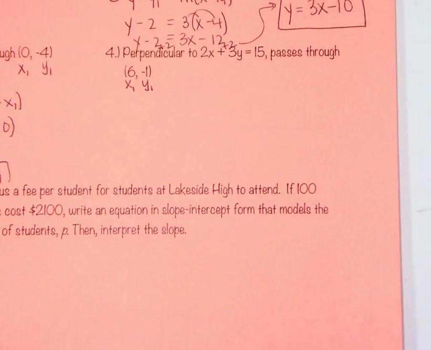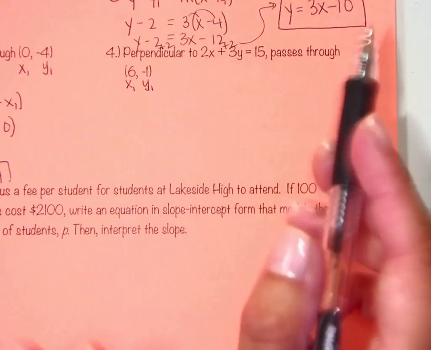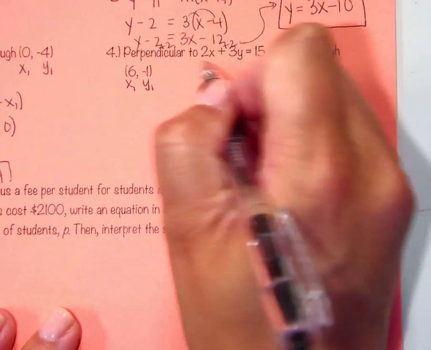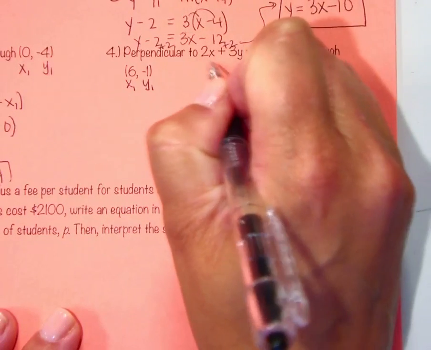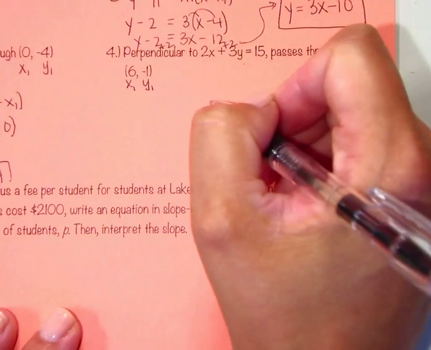But this time we want it perpendicular to the given line. Now, this one is made even more difficult because the equation that we're given is in standard form. So the first thing that we need to do here before we can do anything else is put this in slope-intercept form.